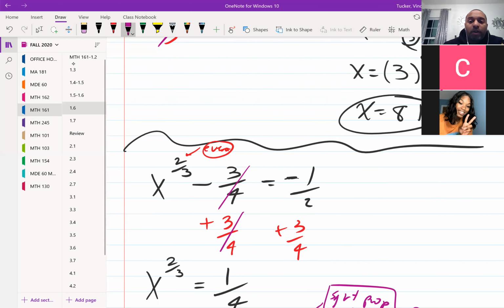And if we want to add those fractions, we need a common denominator. LCD would be 4. So we multiply top and bottom by 2. So that'd be negative 2/4, plus that 3/4, which would be 1/4.